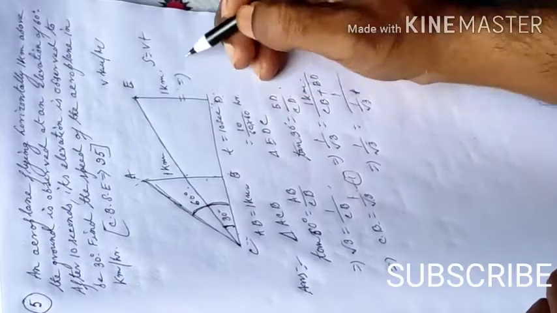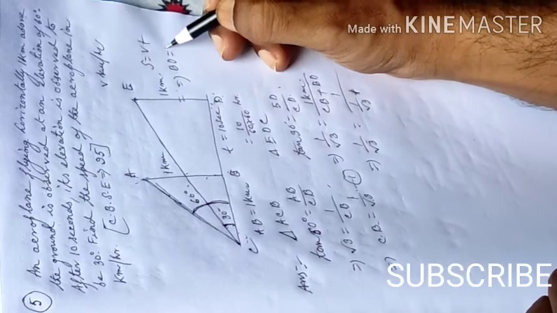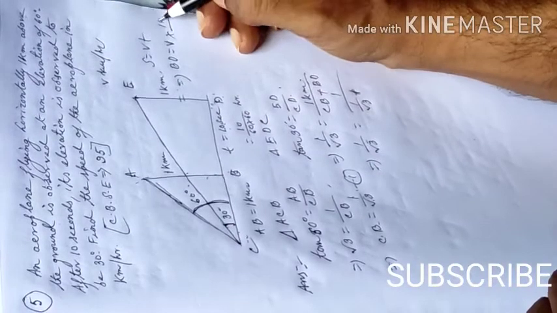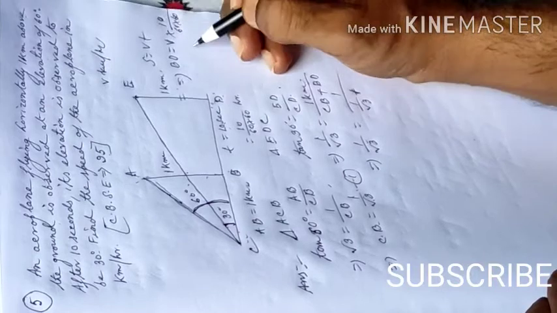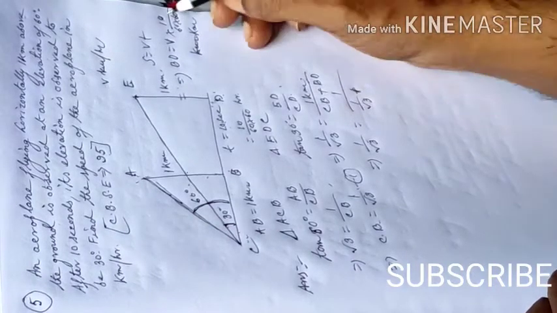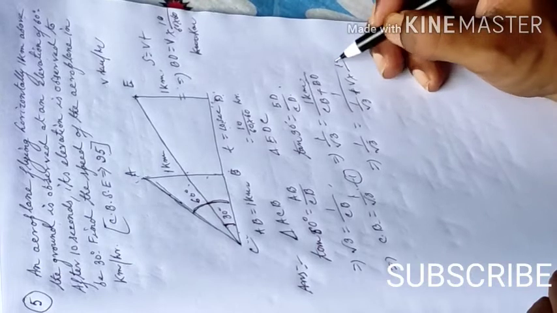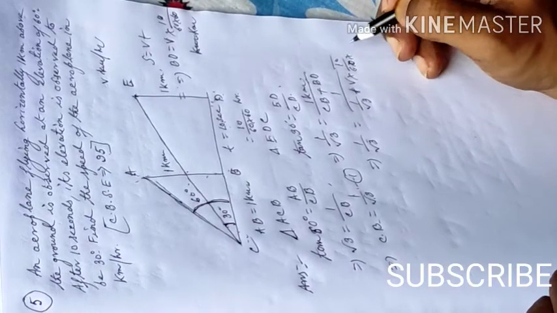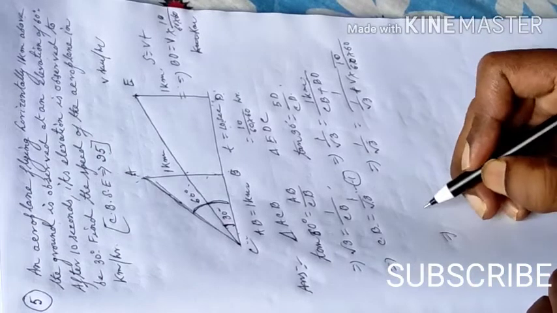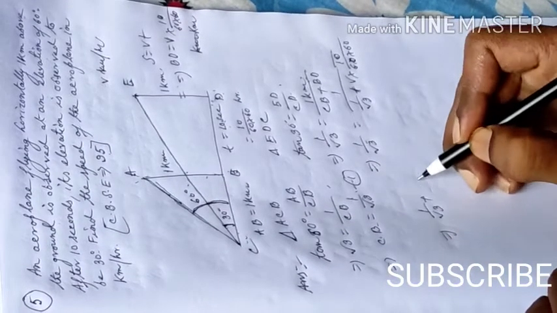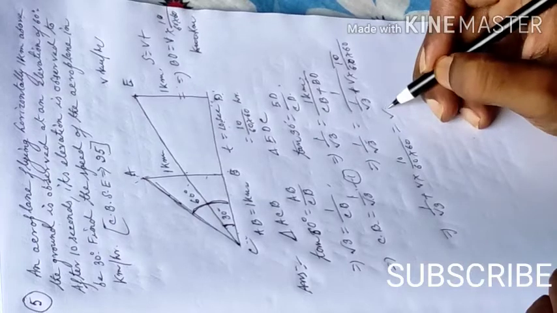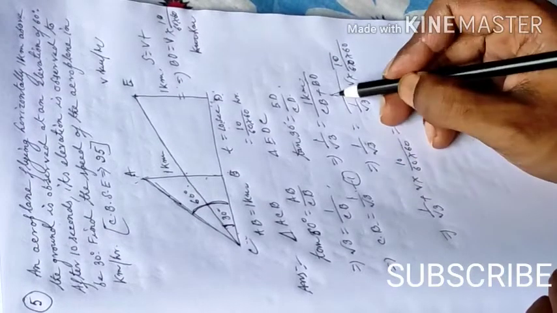Therefore, BD is equal to V kilometer per hour into T, and here 10 second means 10 by 60 into 60 hour. So the value of BD is equal to V into 10 by 60 into 60 kilometer. So root 3 is equal to 1 by root 3 plus V into 10 by 60 into 60.